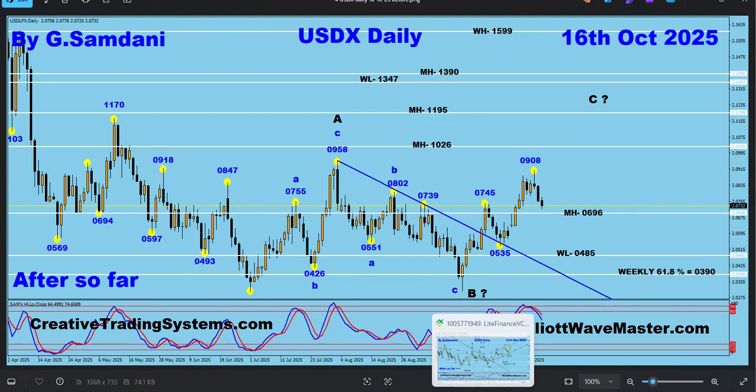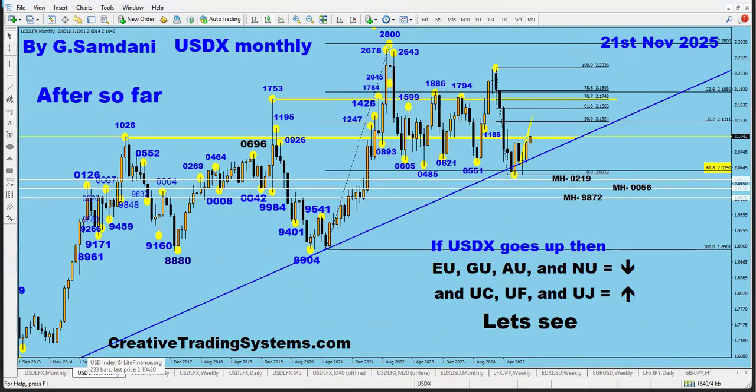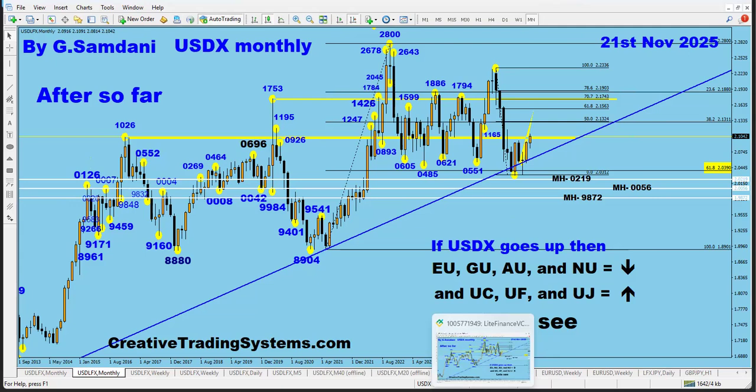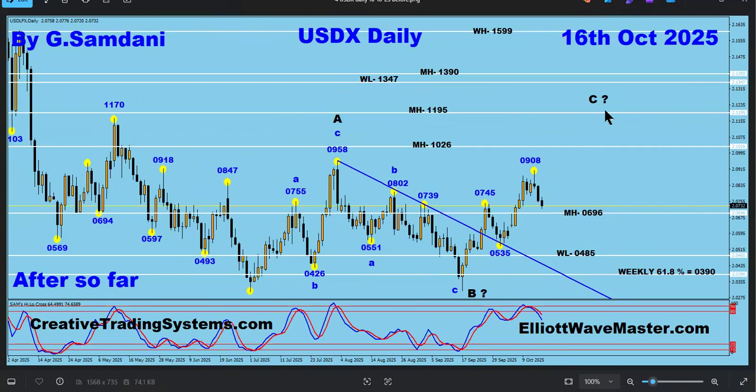If you look at it, 0696 on a monthly chart, you'll find it right there. So this move here, then big high, and then drop here, and then it went up. So this number and then this number. These are the numbers that need to be watched next week, not over the weekend. It's not going to move over the weekend. So this is how the daily chart so far shows to the upside.